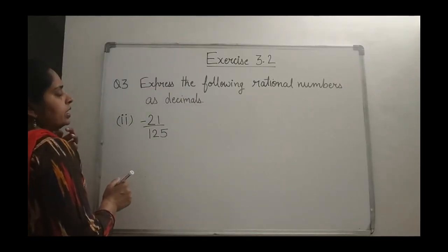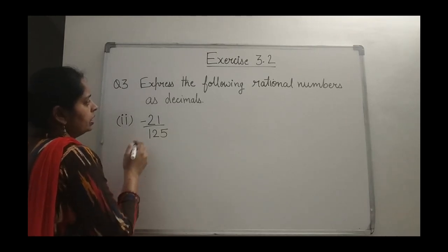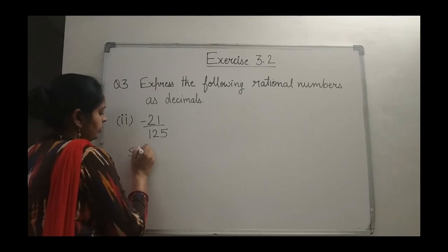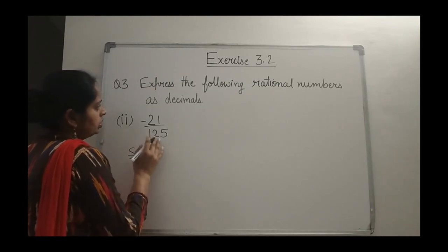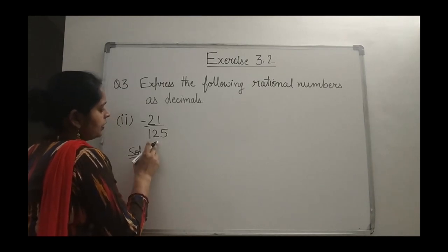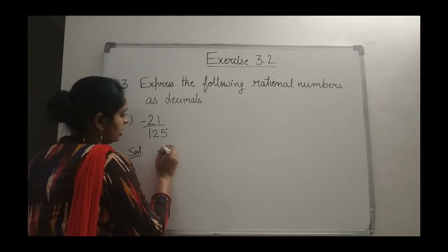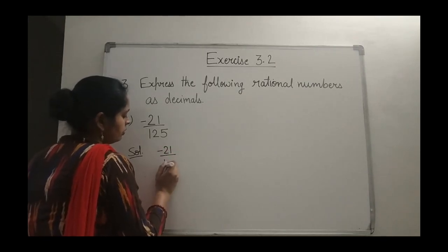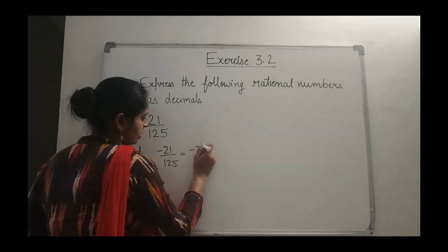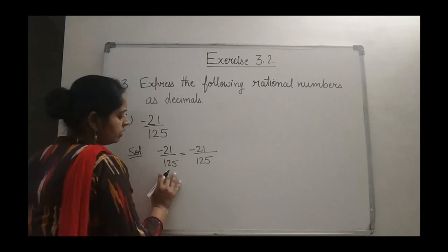Yes, now see the second part in this. We have minus 21 upon 125 and we have to convert it into decimals. Again, we know that for turning any rational number or fraction into decimals, we have to make the denominator 10, 100 or 1000. We have 125 in this.